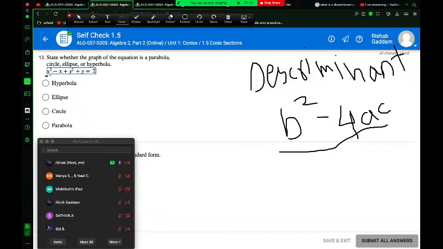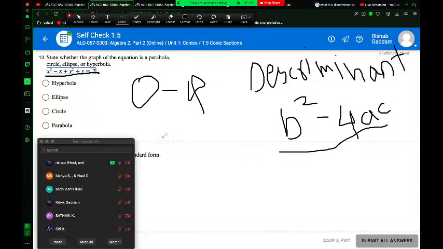So basically this one, what you have to do is use the discriminant formula. So b is 0 because there's no xy term, so that's 0 squared minus 4ac, and a is 1 and c is also 1, so it's just going to be minus 4.